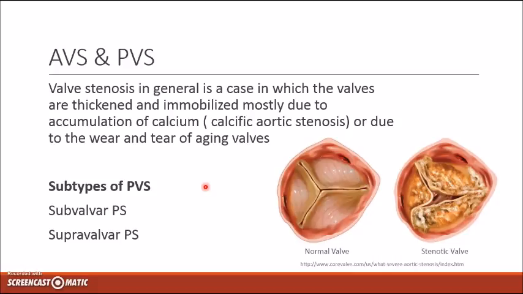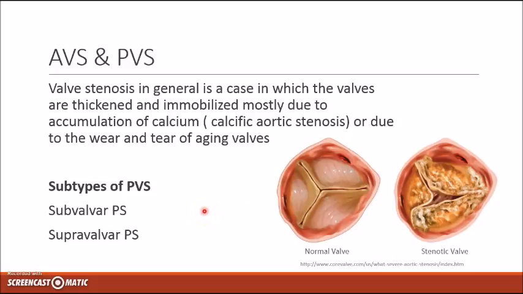Valve stenosis in general is a case in which valves are thickened and immobilized, usually due to accumulation of calcium, and in this case we can call it calcific aortic stenosis or calcific pulmonary stenosis, or merely due to wear and tear of the valves with aging, because with aging we'll have decreased collagen and decreased elasticity of the valve. So we have what is known as valve stenosis.